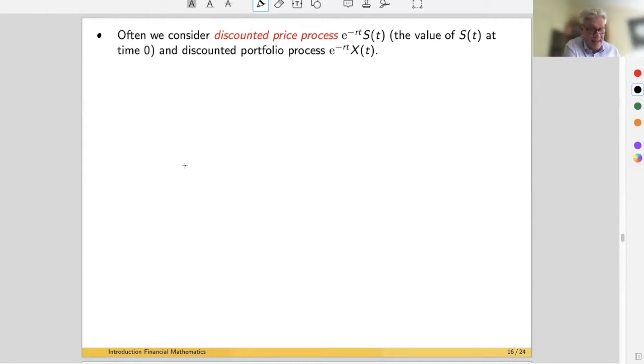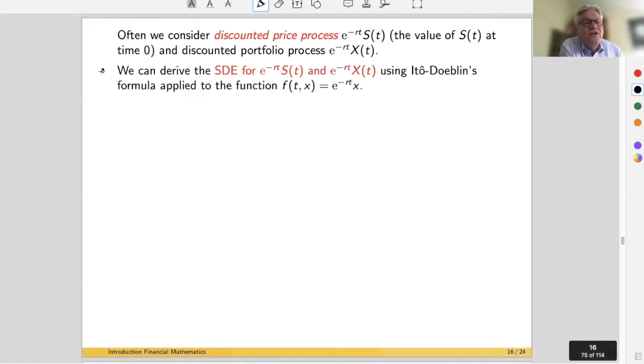That is, again, the Ito-Doeblin formula. Which function f would we take for the Ito-Doeblin formula? That would be something like e to the power minus rt times small x. And small x would be S if we look for the discounted price process, and small x would be capital Xt if we look for the discounted portfolio process.